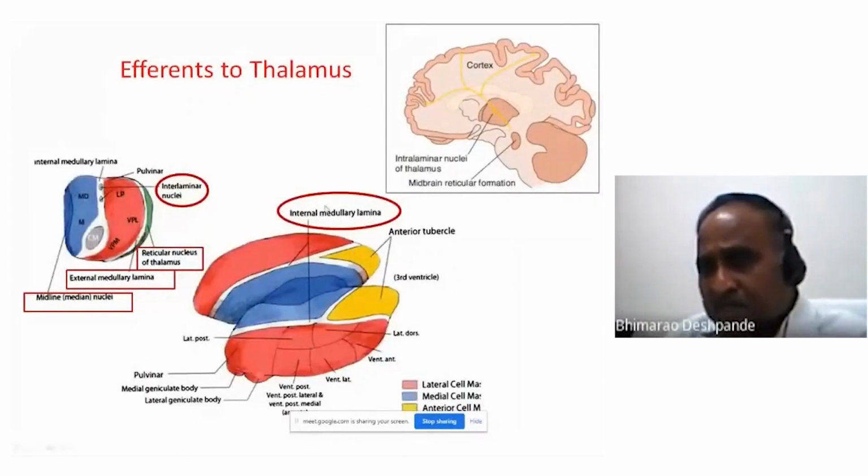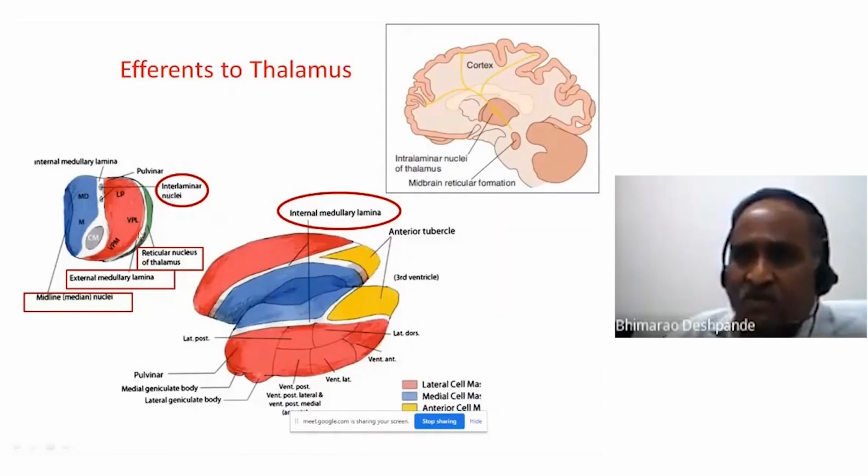They will reach here to the internal medullary lamina, this Y-shaped internal medullary lamina. They are projecting in, and this would have interconnections with a number of areas within the thalamus. This is the thalamus, the lateral view. We have the reticular nucleus.